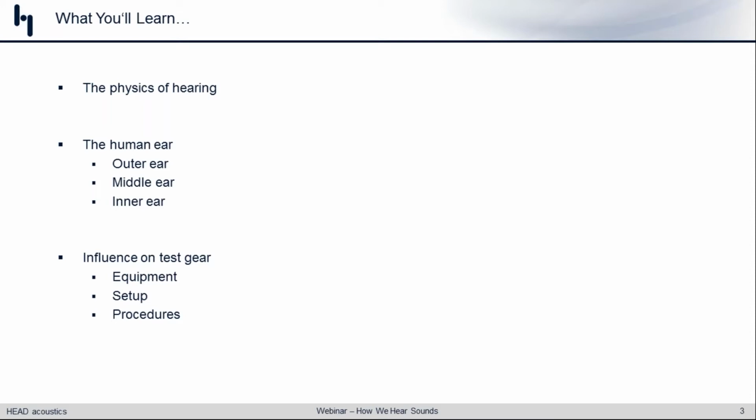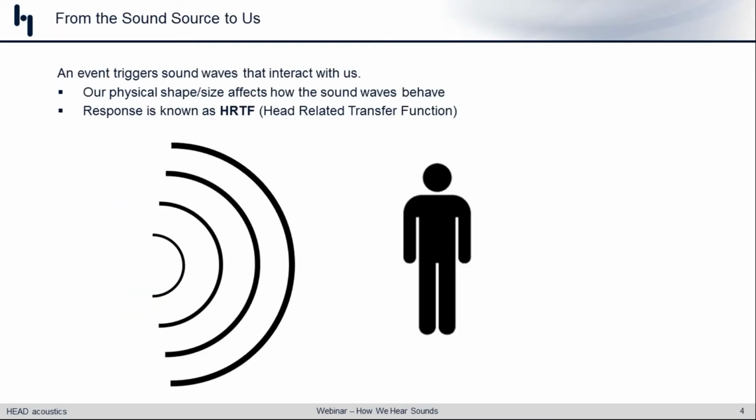The biggest thing, of course, is our acoustic transducers, the human ears, and we'll talk about the individual parts and how they influence our sense of hearing. And then finally, we'll get on to a comparison of what we know about the human body and how that has been translated into the test gear and setups and procedures that we currently have on offer in the marketplace.